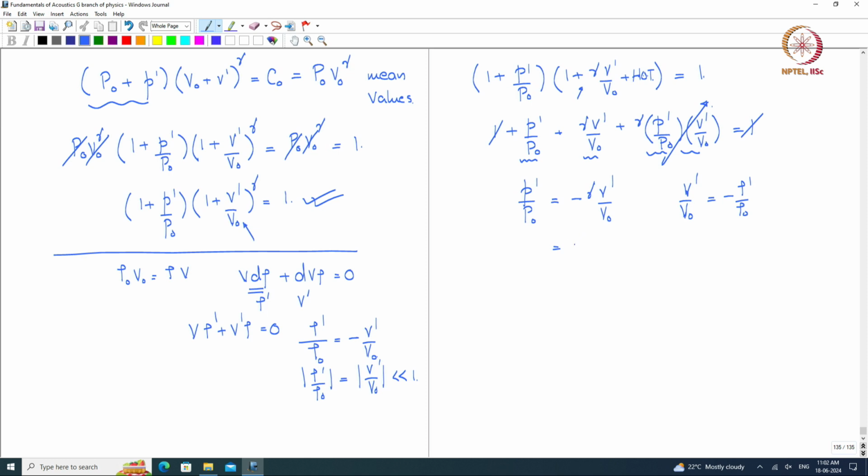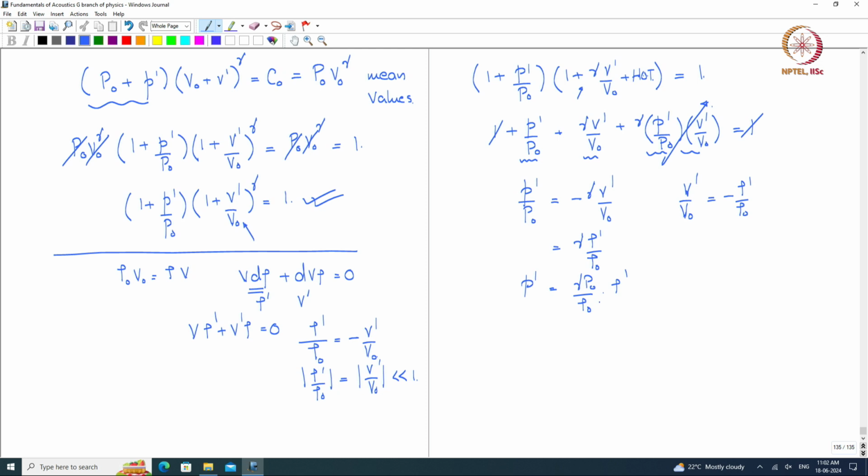So this is equal to gamma rho dash by rho 0, or my P dash is equal to gamma P 0 by rho 0 into rho dash.